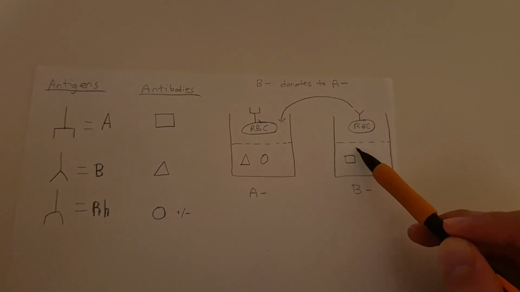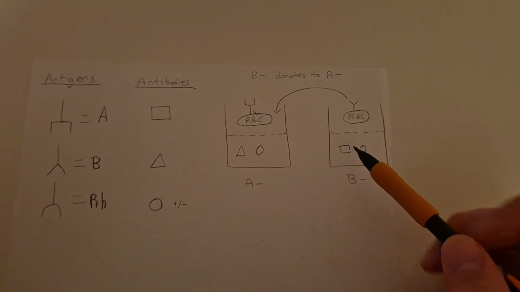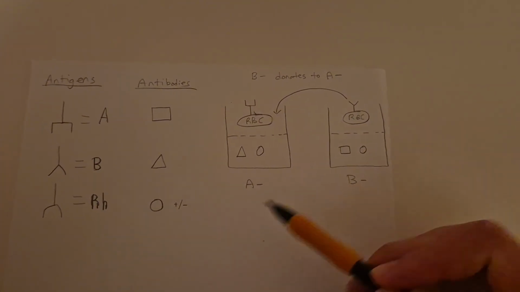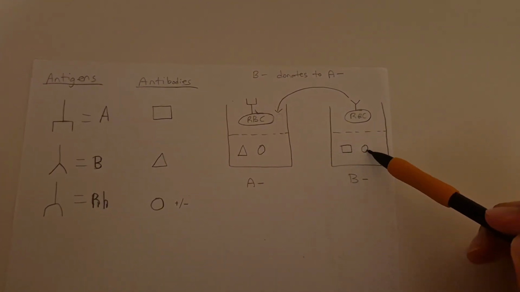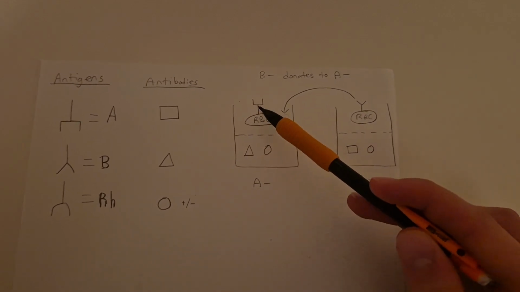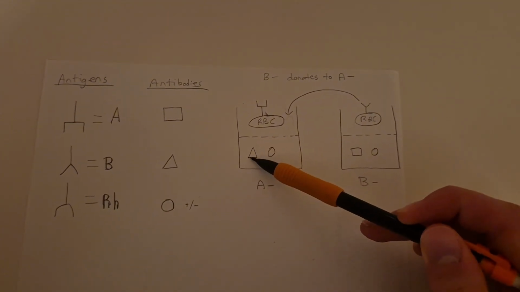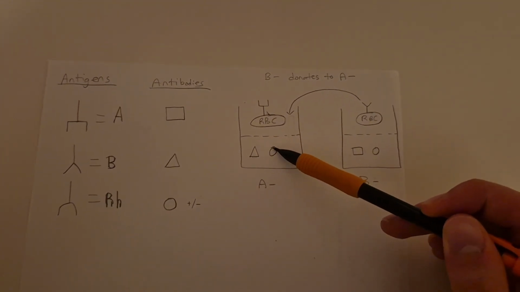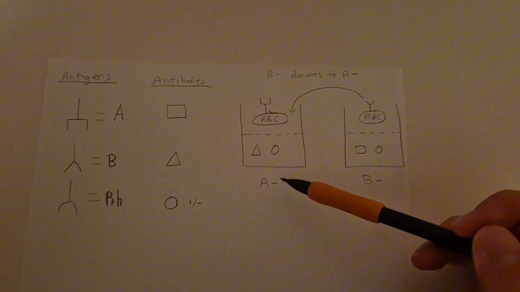So that's why we put it under this line. So the A antibody, and then since it's a minus, we have the Rh antibody in the solution. And for type A blood, we have our A antigen. We also have our B antibody in the solution and our Rh antibody in the solution, since it's a minus.